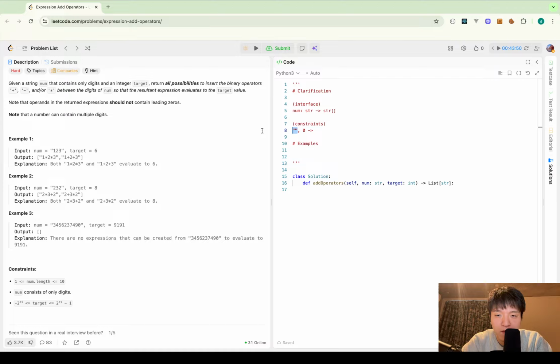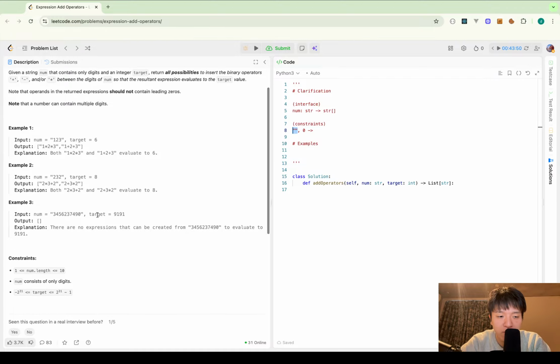Given num can be an empty string or not, I can find here that it cannot be. And num consists only of digits, not negative or positive operators.